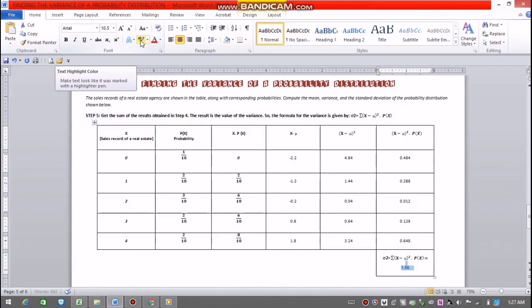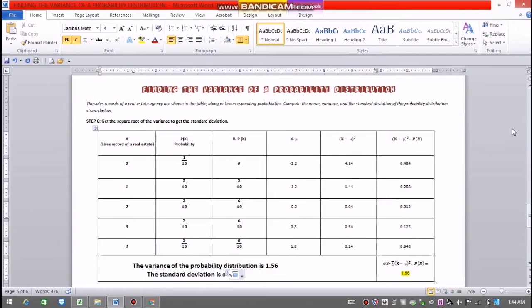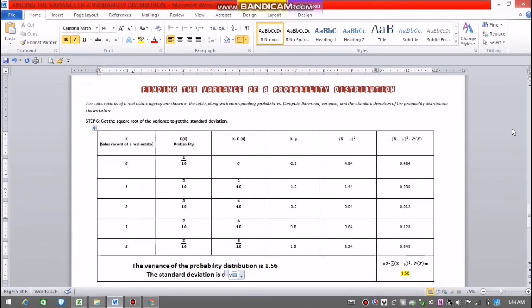So the variance of the probability distribution is 1.56.